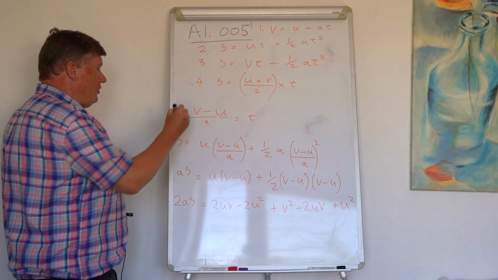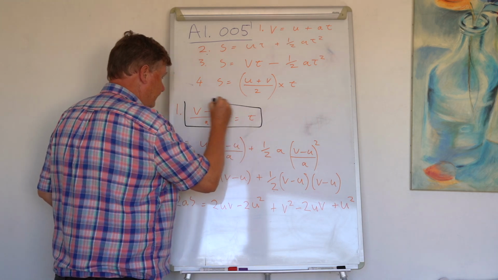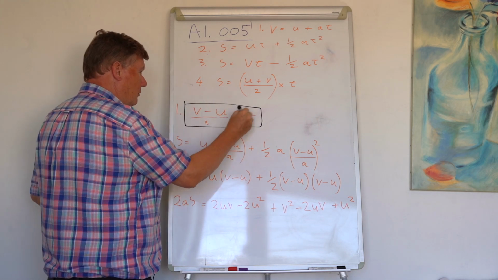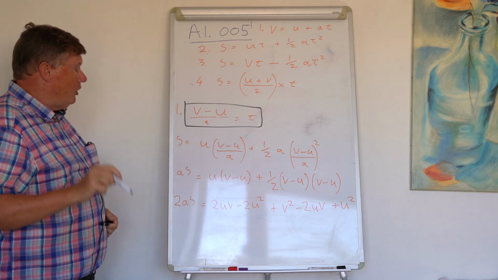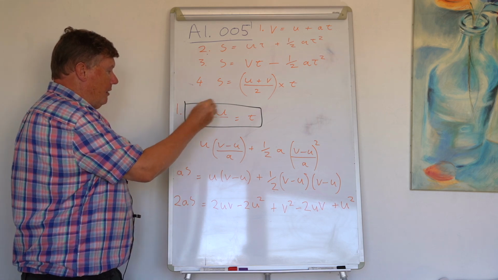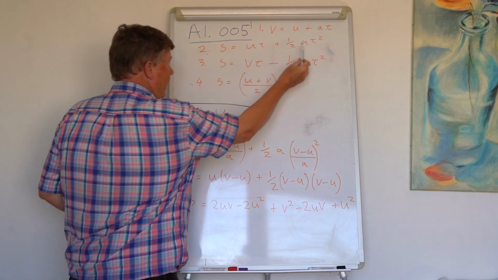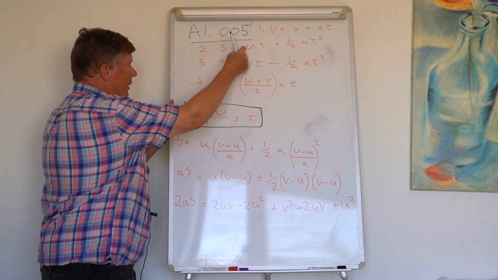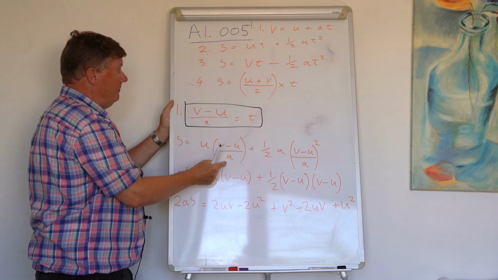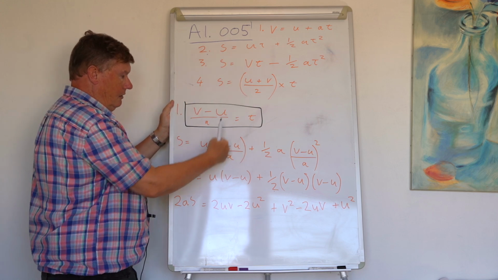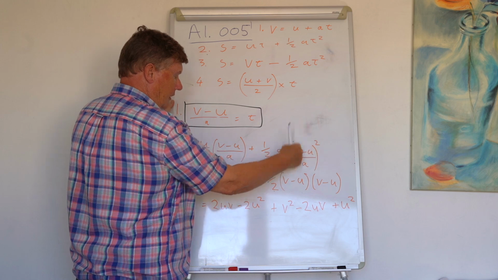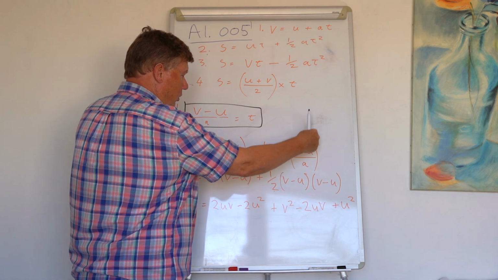So we're going to use this formula, (v minus u) over a equals t, and we're going to substitute that bit, (v minus u) over a, where t occurs in here. So all I've done is rewrite this here. That's t, and that's t squared: (v minus u over a) all squared.